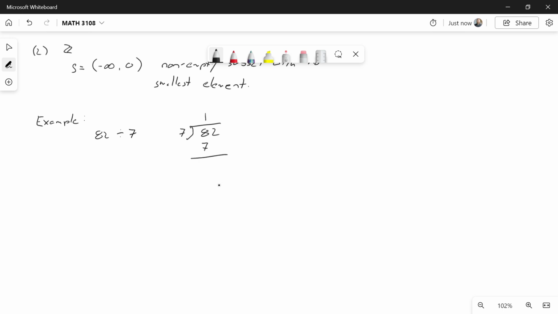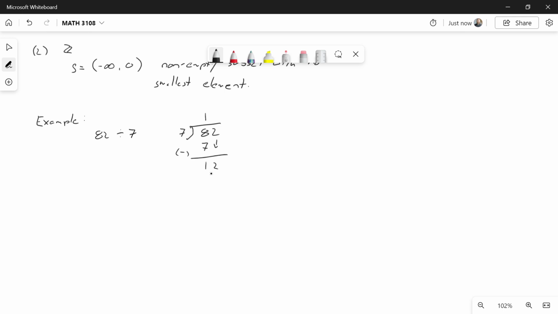I'm going to do a subtraction here. So 8 minus 7 gives me a 1. I bring down the 2. And now I ask the question. Every time I go through this process, I ask, what's the relationship between 7 and 12? More specifically, which one is larger?